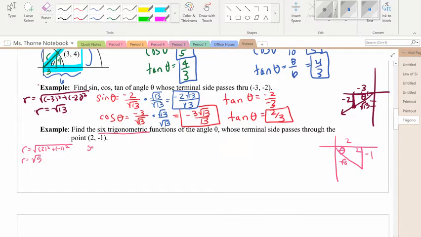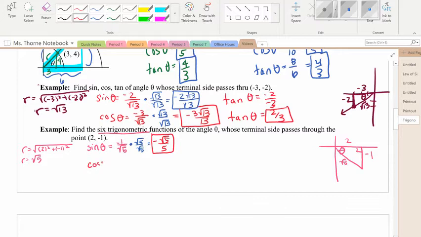So the sine of theta is equal to opposite over hypotenuse, so negative 1 over root 5. And of course, we don't want to leave our answer like that, so I'm going to multiply that by root 5 over the square root of 5 to rationalize. And when I do, I get negative root 5 over 5. So that is the sine.